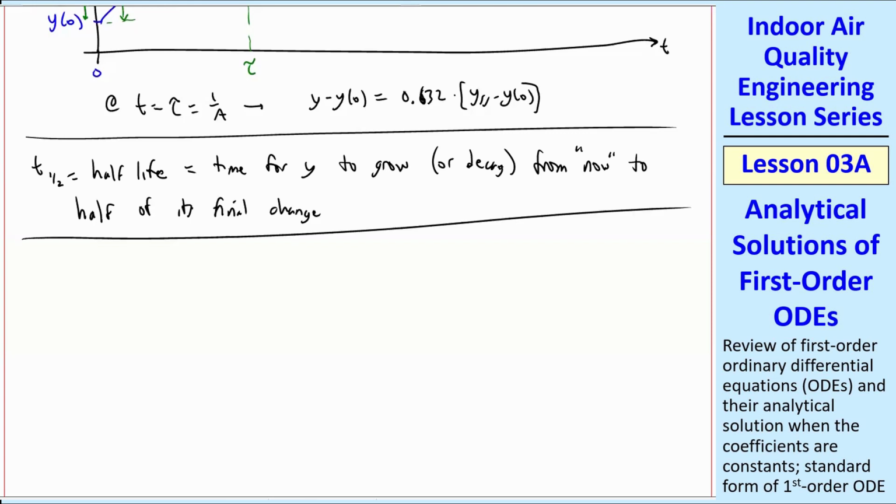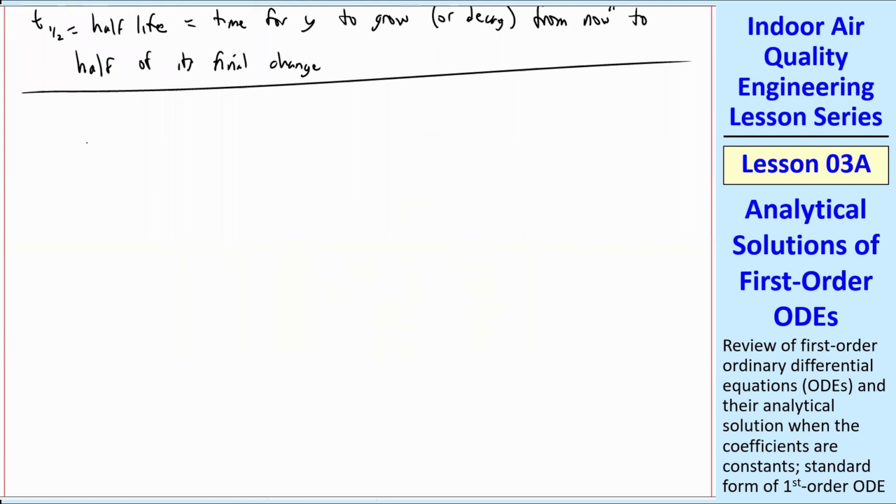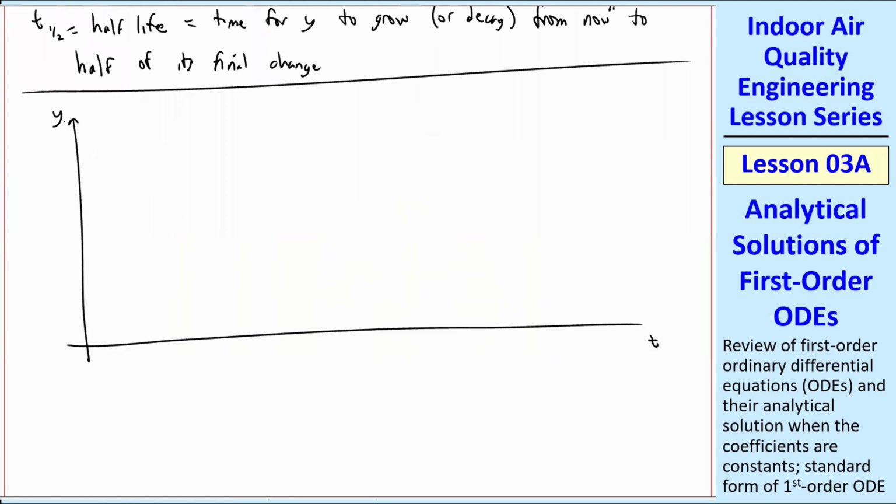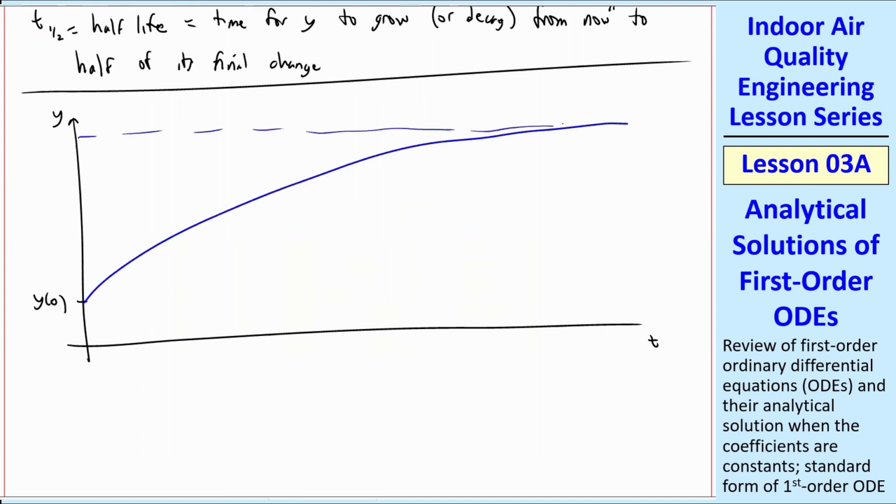All right, so let's illustrate that graphically in a similar way. Y versus time. And let's again start with some y0, and this asymptotes to some yss. So we start at t equals 0, and we take the halfway point like I did before with 63.2%. Now this is 50%. So 50% of the total change, and we would call that t1/2. That's the half-life.